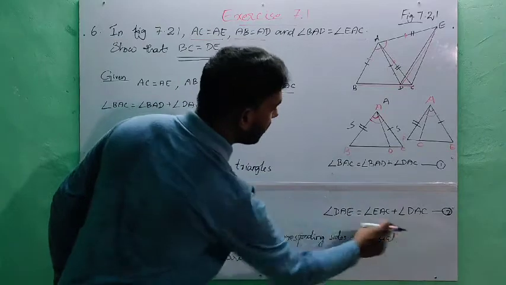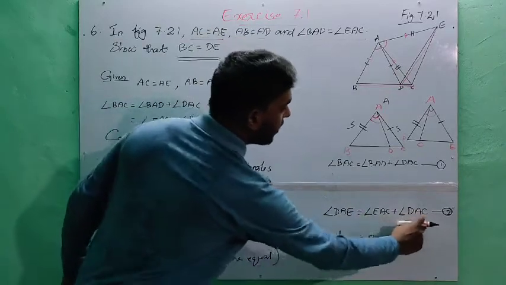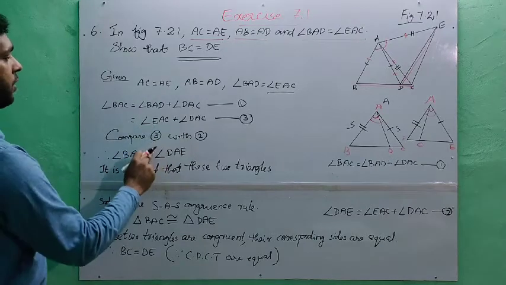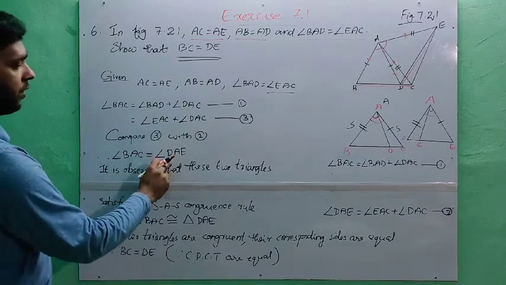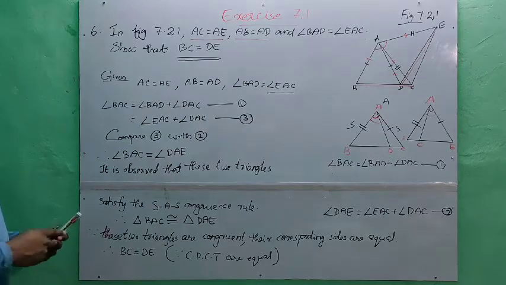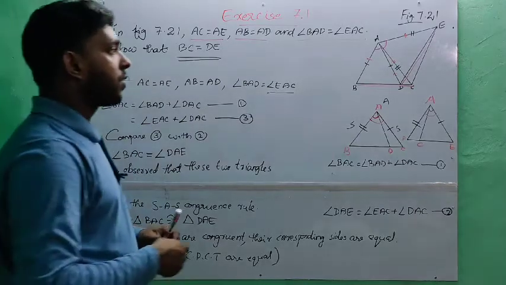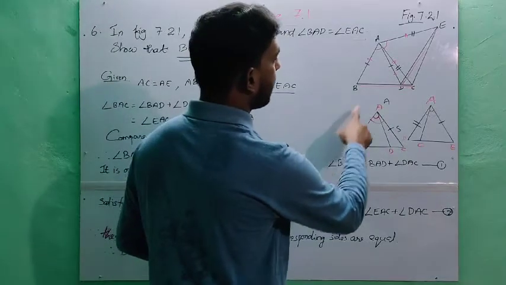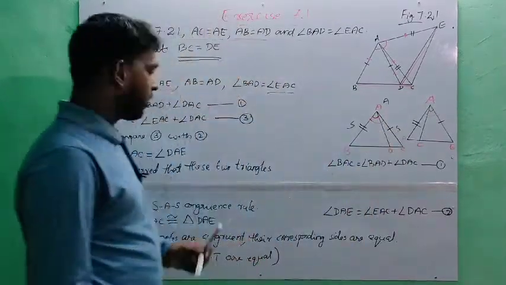So when we compared it, we found out that EAC plus DAC is equal to DAE. Hence, we understand that these two triangles are equal. Why? They satisfy the side angle side congruence rule.